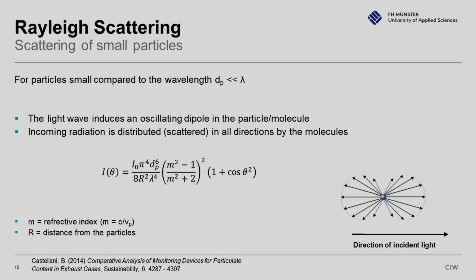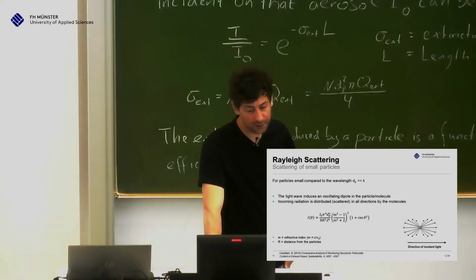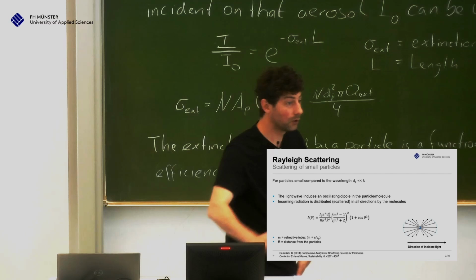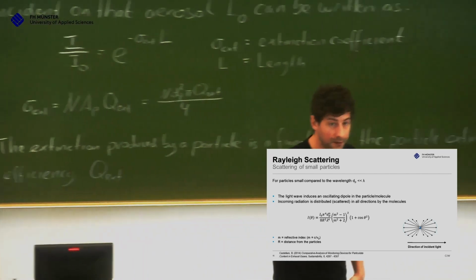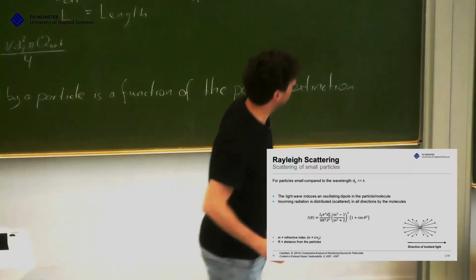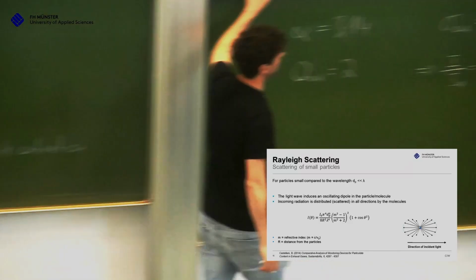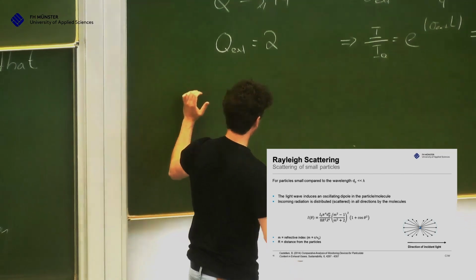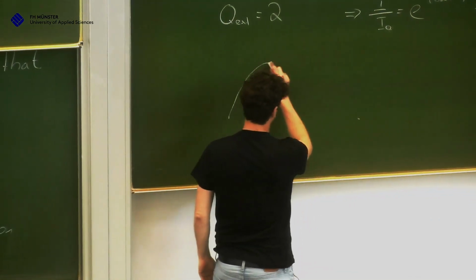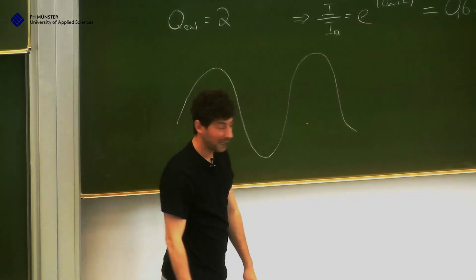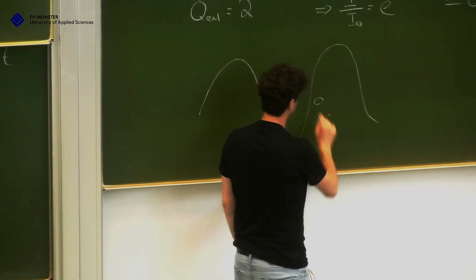And what we are doing here is looking at particles which are small compared to the wavelength. So very small nanoparticles, 10 nanometers or something, or molecules. And the thing is, if you have these very small particles, the light wave comes in like this, and your particle is here.